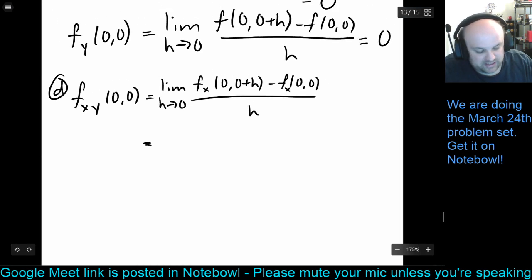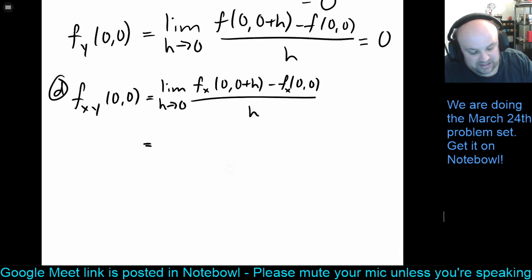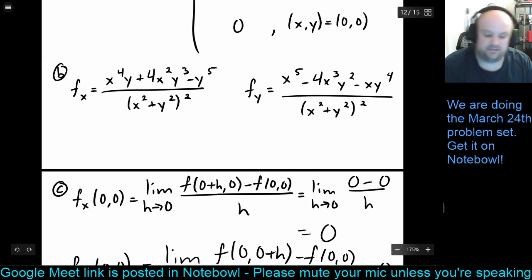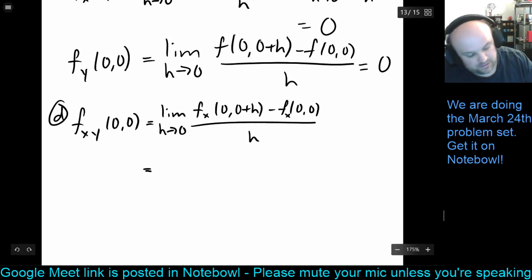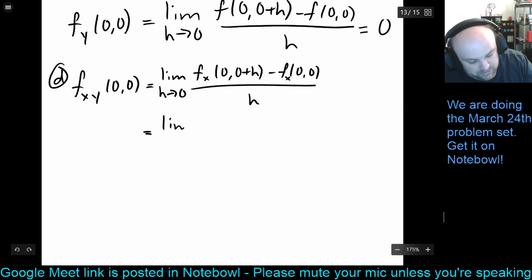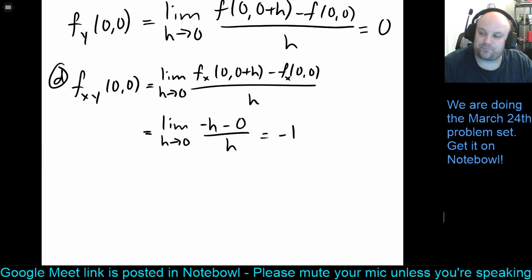Now, when we plug in 0, h into f_x, we're going to get negative h. I'll let you work through that, but when we plug it in, this part's gone, this part's gone. This is minus h to the 5th, and the bottom is h to the 4th. So we're going to end up with this. We know this is 0, and so this derivative is negative 1.